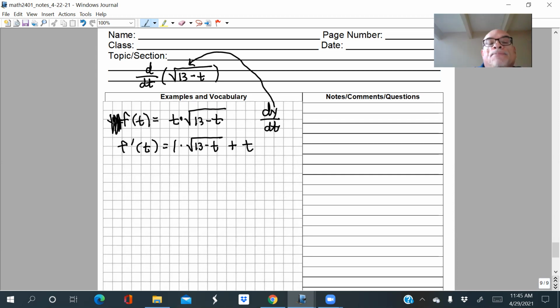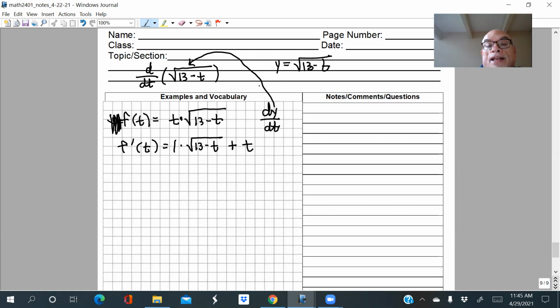All right. We're trying to find the derivative of square root of 13 minus t. I could have written it using this equation, right? y equals square root of 13 minus t. And then dy dt would be the derivative of square root of 13 minus t.